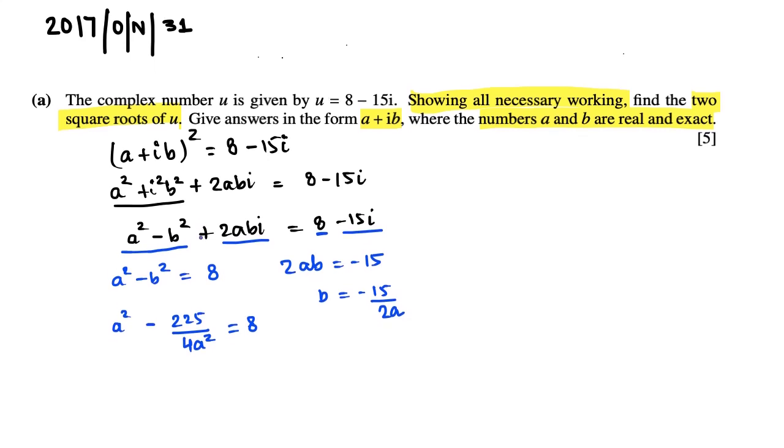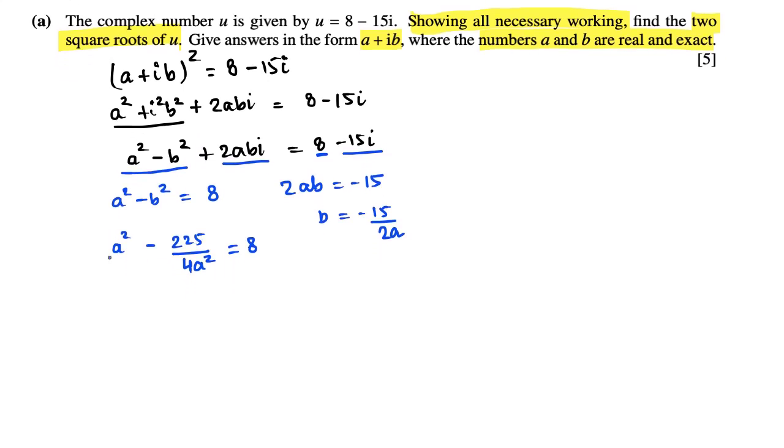Now the next step, I will multiply the whole equation by 4a square. So this can be written as 4a to the power 4 minus 225 equals 32a square.